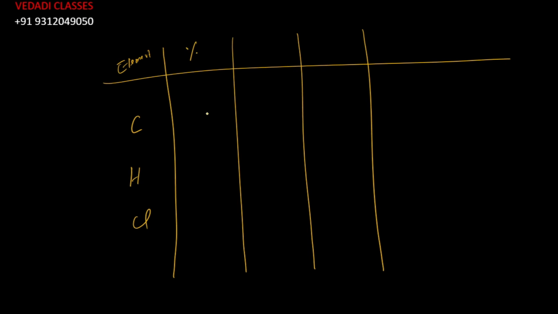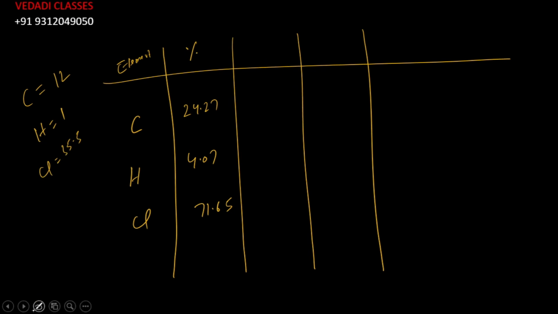Here we write the percentages they have given: 24.27, 4.07, and chlorine has 71.65%. Now you should keep the atomic masses in mind: carbon is 12, hydrogen is 1, chlorine is 35.5.